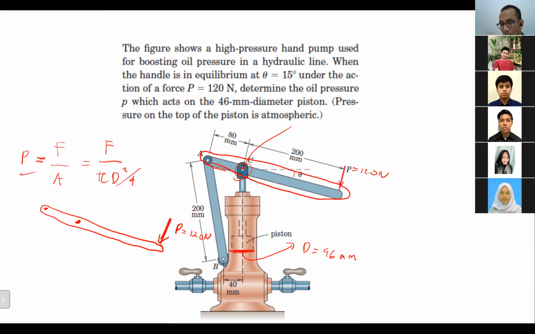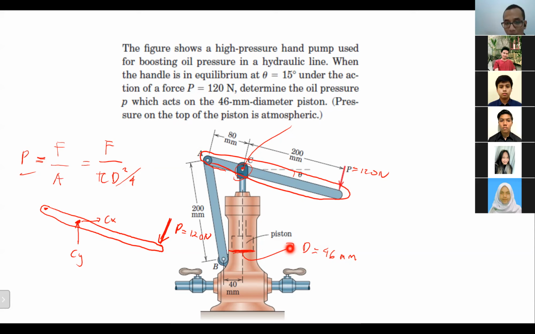Yes, sir. Okay, and besides that, we are not sure whether the member for the piston is a two-force member or not, right? If we are not sure, then we have to assume it as a non-two-force member: Cy, Cx, like that.